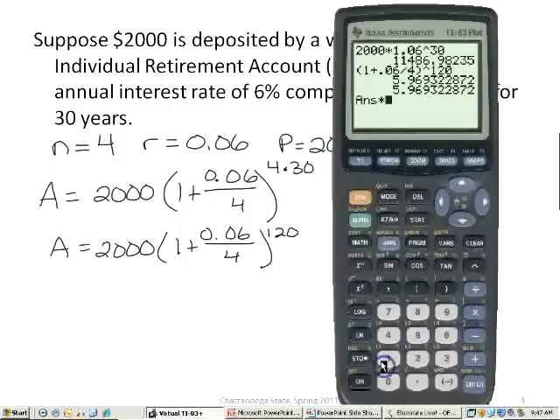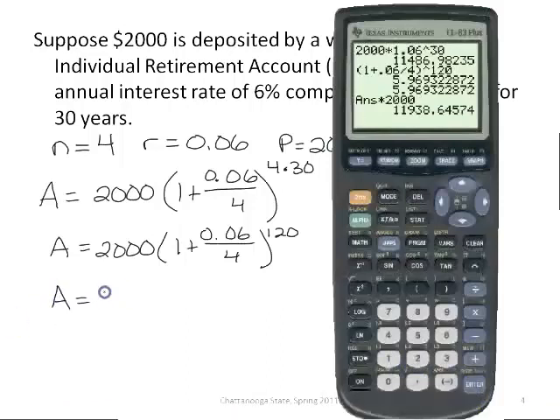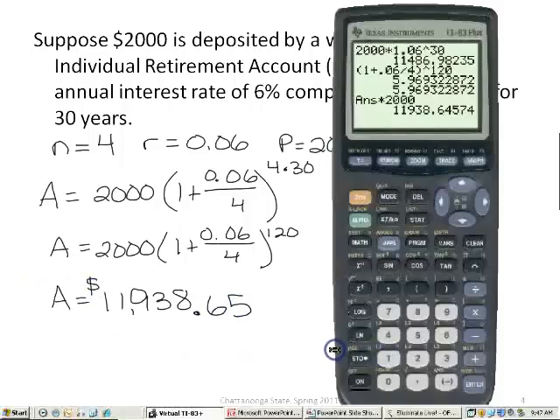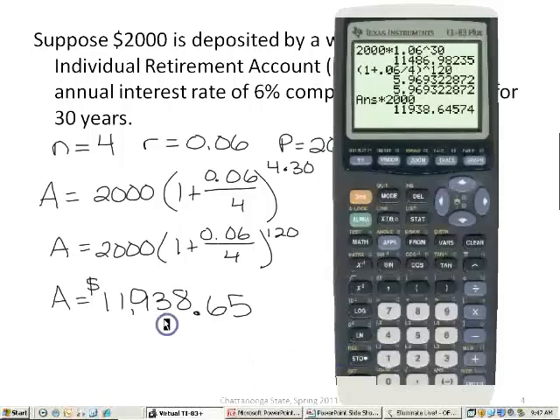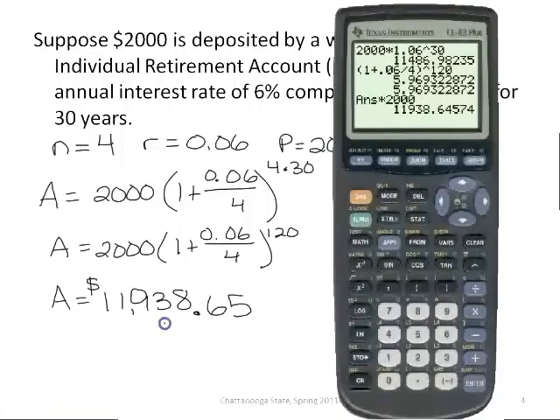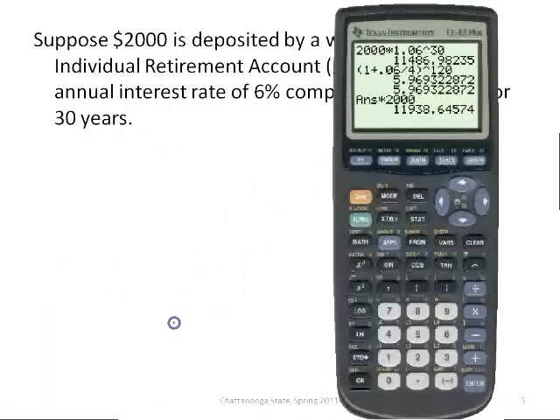Now, I like to get that answer and then multiply that times the principal. So this time, I got a little bit more interest. $11,938.65 is what that would round off to. So compounding it more often ended up giving me a little bit larger balance.